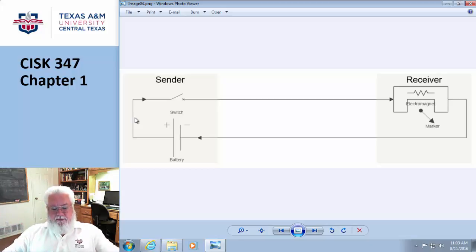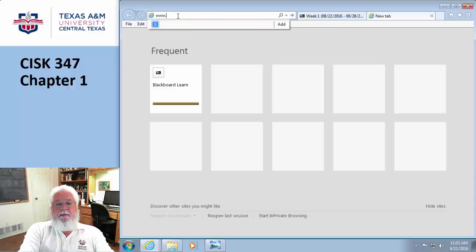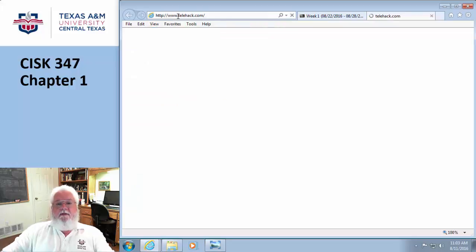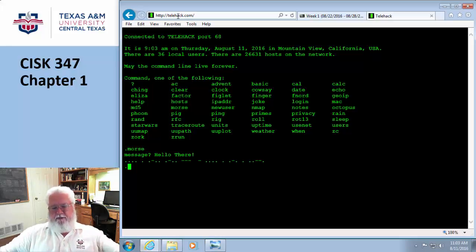There's a cool little thing you can do here if you wanted to kind of goof off. There's a website you can go to. It's in the book there, and it's called Telehack. Telehack is one of those goofy little things. If I go in here and I say Morse, then I can type in a message like, "Hello there," and hit the button, and boom, that's what Morse code looks like.